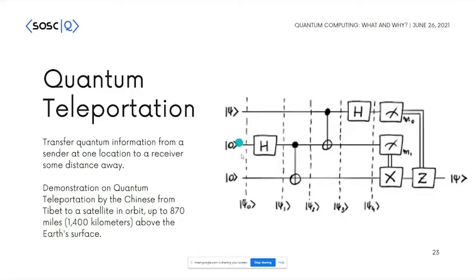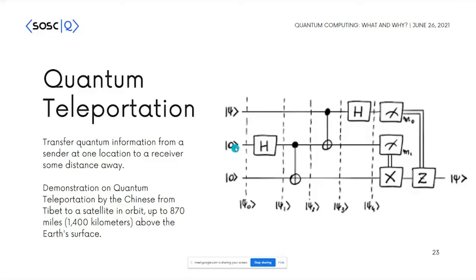This is the circuit for it. Let's say I have two qubits here, and you remember what I told you about entanglement: we can prepare them in a specific state to get correlation. Let's say I entangle these qubits and then separate them. I take one myself and send the other to a satellite. So this qubit is in the satellite, and this qubit is in my hand.